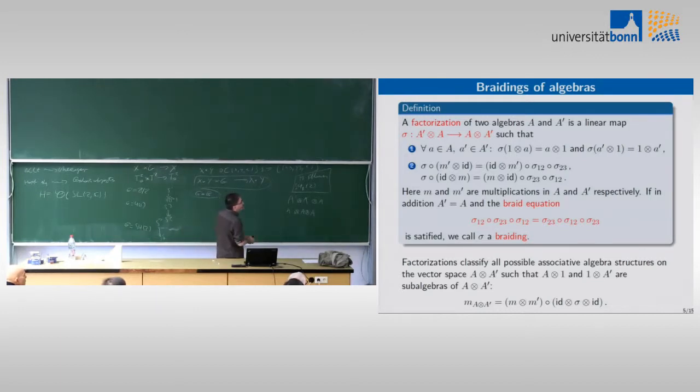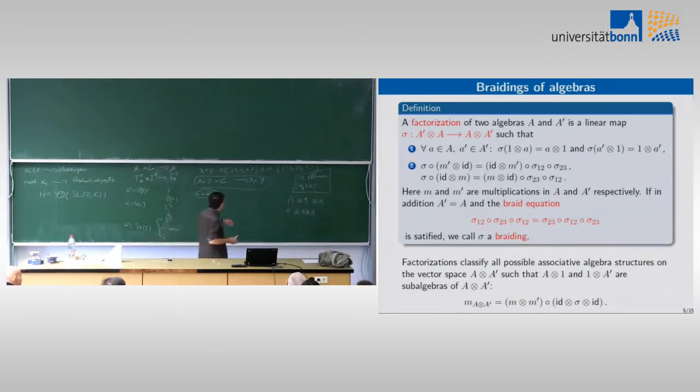So why are factorizations such a big deal? Because they actually classify all possible associative algebra structures on the vector space A tensor A prime, such that both A tensor 1 and 1 tensor A prime are subalgebras of A tensor A prime. Whenever that happens, it means that you must have a certain generalized flip sigma that has these two properties.